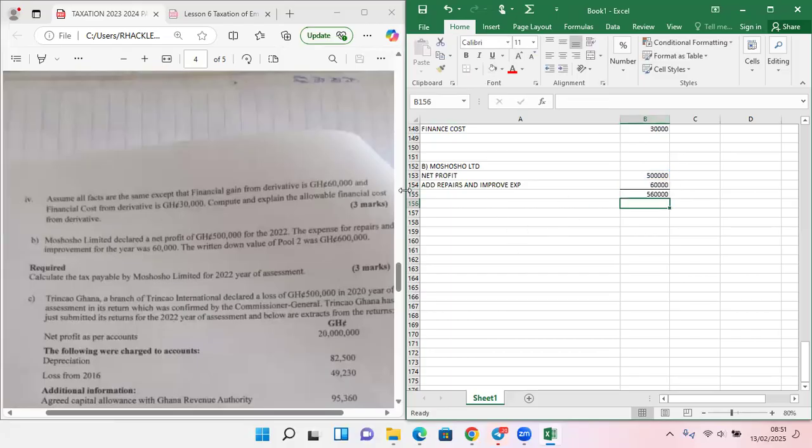This is how it is going to look. Now, less allowable repairs.